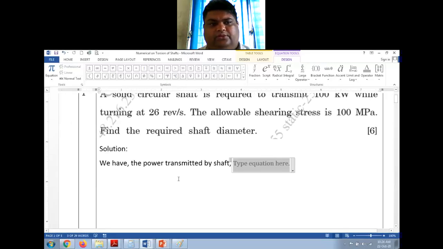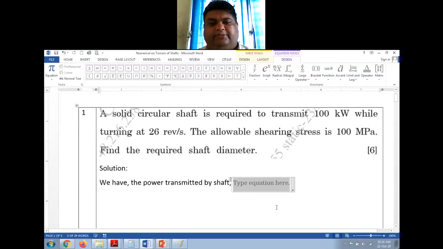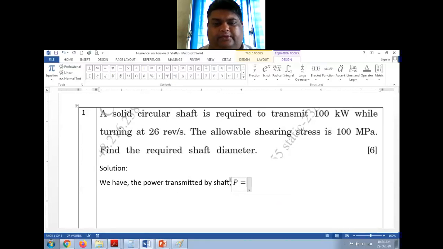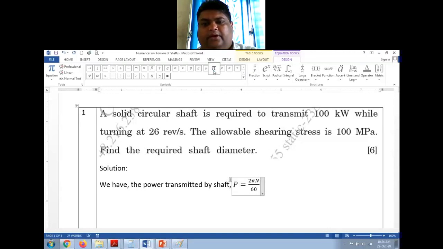Power transmitted by shaft P is equal to 2 pi N by 60, right?